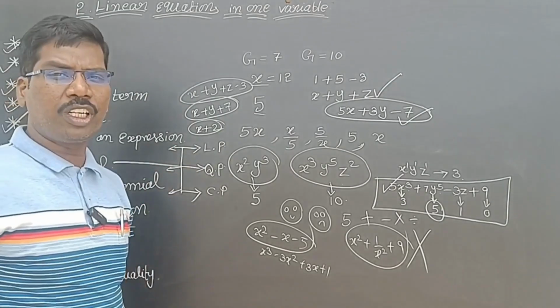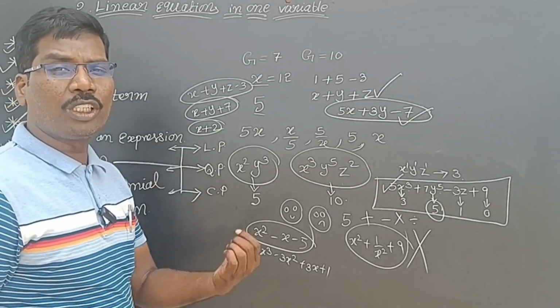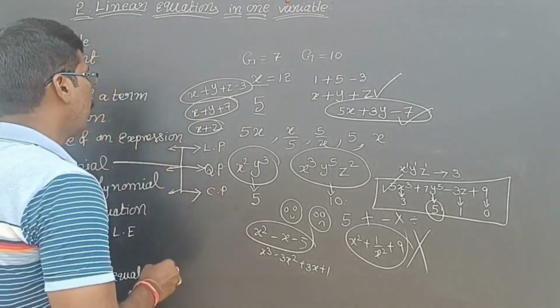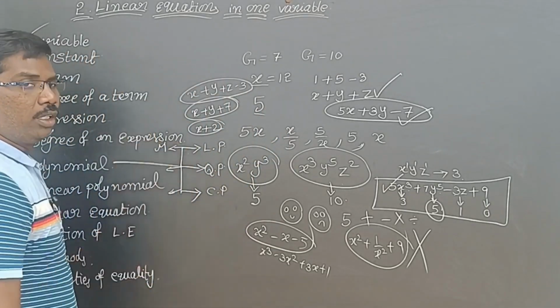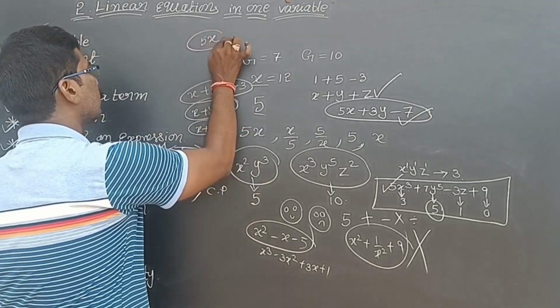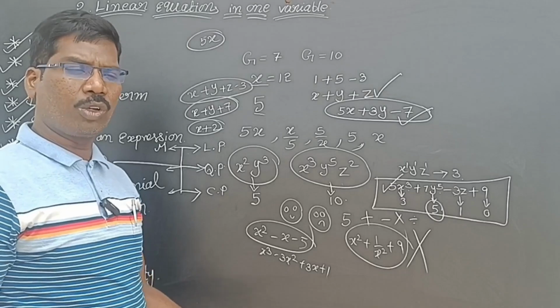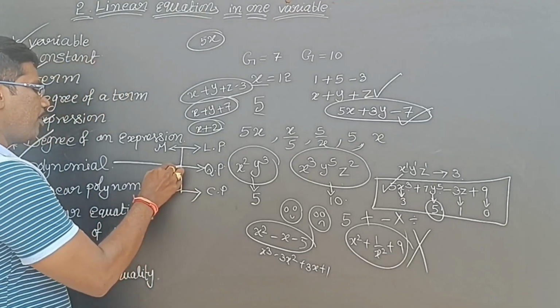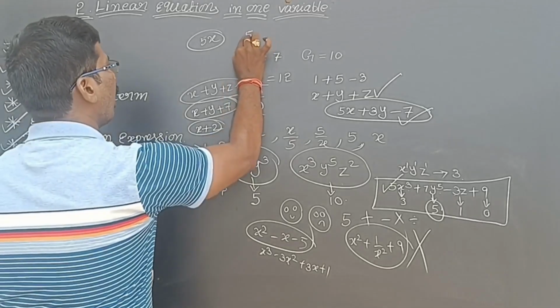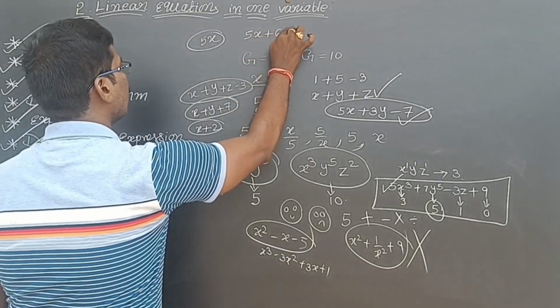Polynomials are again divided into 3 types according to the number of terms. A polynomial which is having only one term is called a monomial, for example 5x. If it is having 2 terms, it is called a binomial, for example 5x plus 6y.